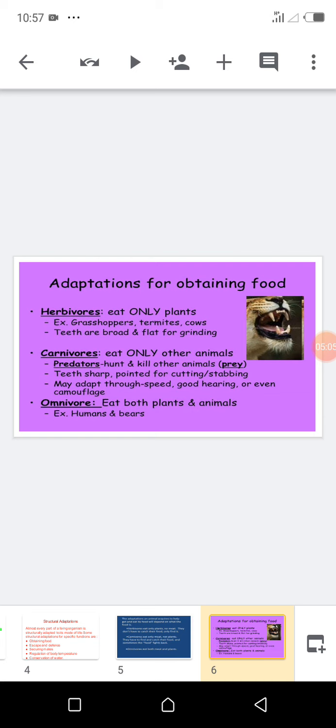And then there are omnivores. Those are animals that eat both plants and animals, like human beings. We eat flesh and we eat herbs as well. So we have all the kinds of teeth. We have canine, we have the incisors, we have molars and premolars. That's not the same for other animals that are carnivores or herbivores.